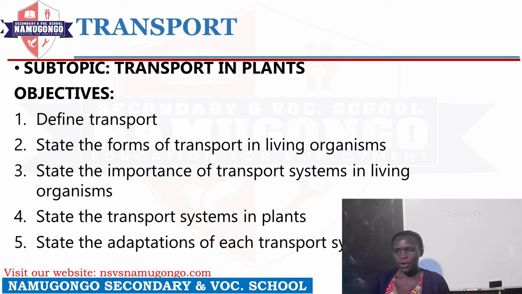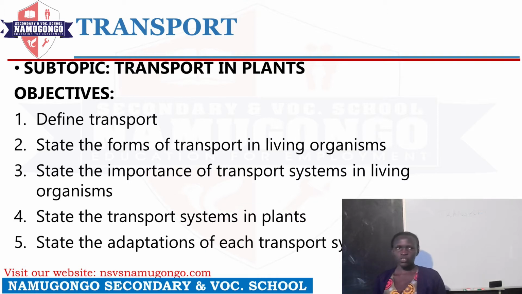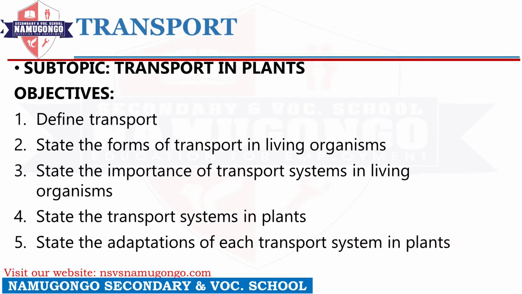Besides that, our next objective should be to state the different transport systems in basically plants. Of course, we will look at animals later on, but today we are looking at the transport systems in plants. And lastly, our last objective, but not least, is to state the adaptations of each transport system in plants.